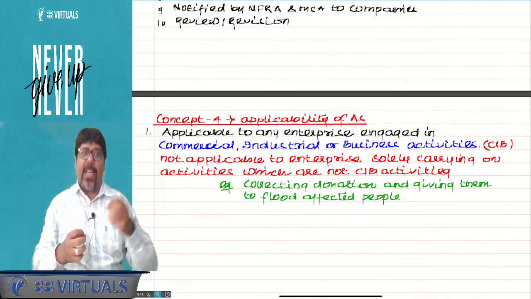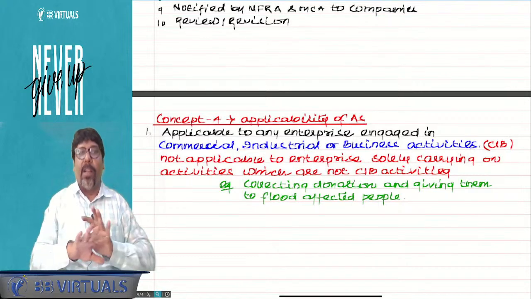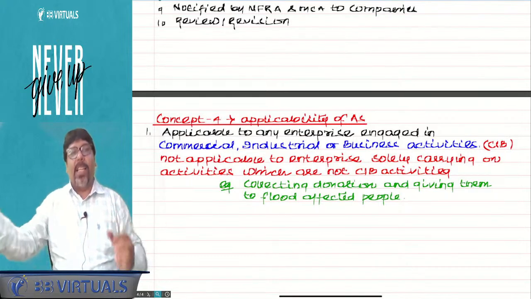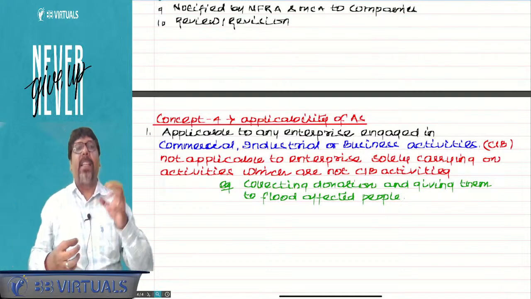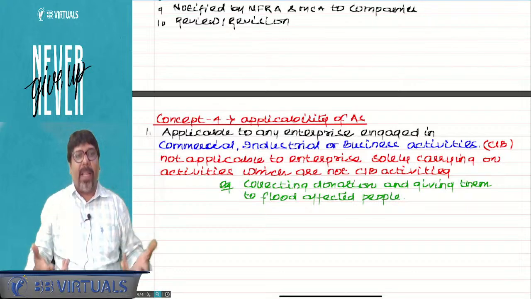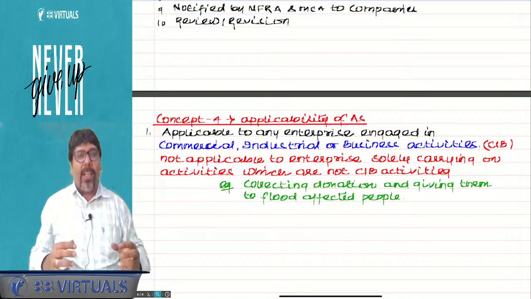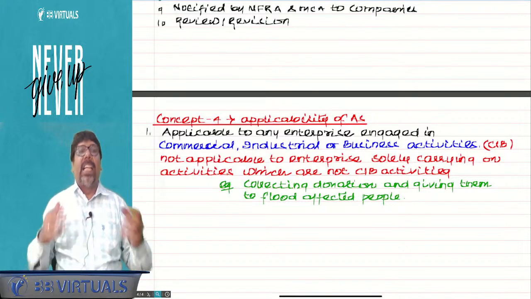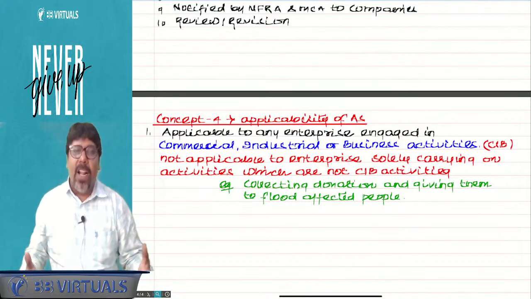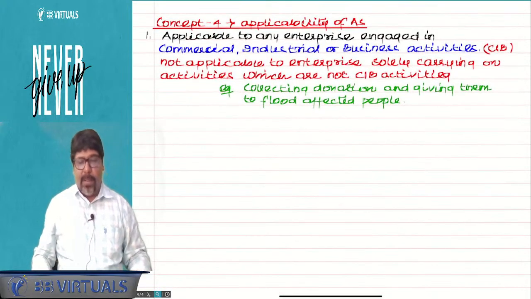They are collecting and giving. They are not creating money by doing some social work also. Are you understanding? They are just collecting money from one place and giving it to some other place. They are not involved in any profit making, any creation of service, any creation of goods, any trading of goods. Then it is not applicable. When I say goods, it means goods and services both, beta.